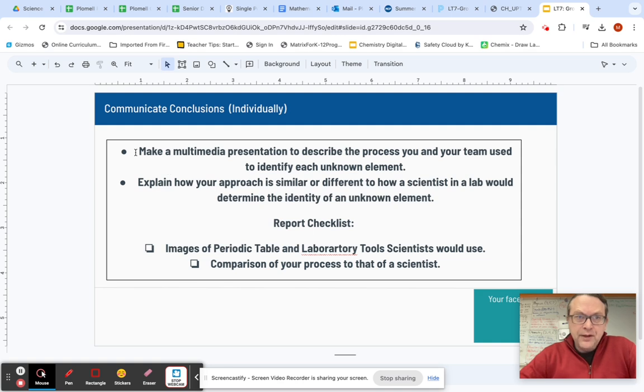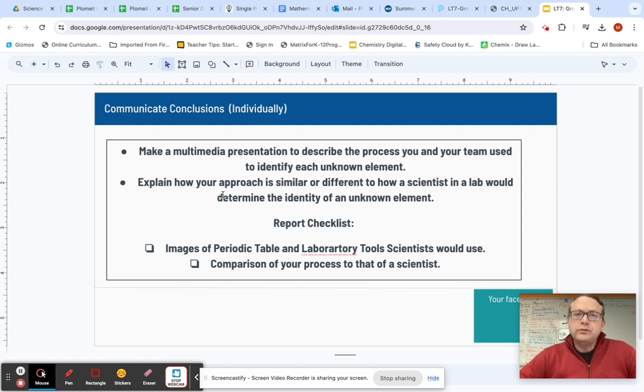Make and then communicate your conclusions. Do this individually. Make a multimedia presentation to describe the process you and your team used to identify each element, and explain how your approach is similar or different to how a scientist in a lab would determine the identity of an unknown element.